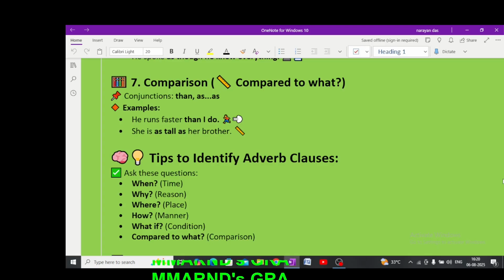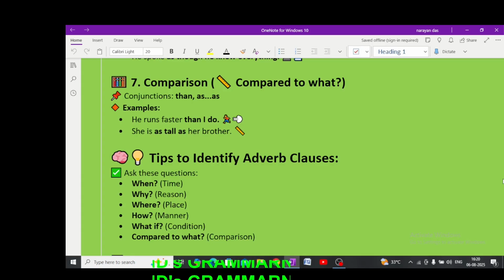She is as tall as her brother is actually positive degree, tall, and the other one is faster, the comparative degree of fast. So the first one is a sentence of comparative degree, and the second one is of positive degree, that is, equative degree. I have discussed this in my earlier videos. Equative degree indicates equality.